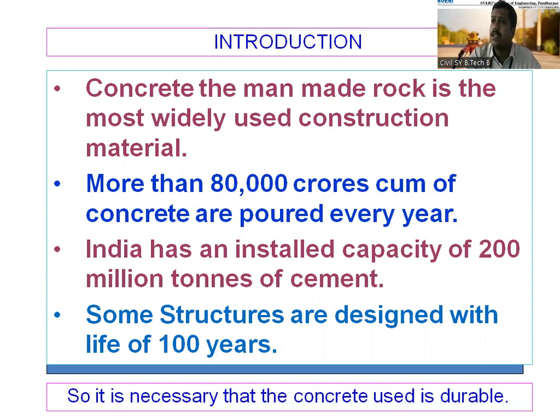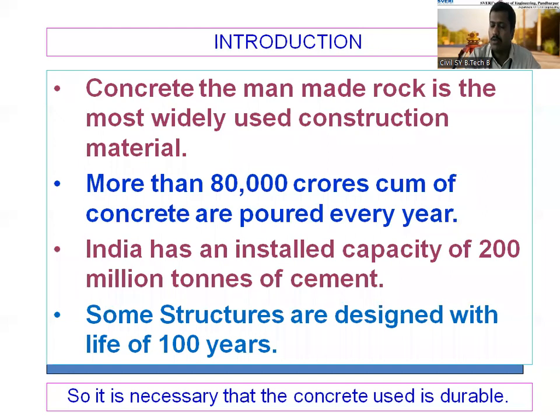More than 80,000 crore cubic meters of concrete are poured every year, not in India, all over the globe. And India has the capacity of more than 200 million tons of cement production. I think now that capacity has increased.